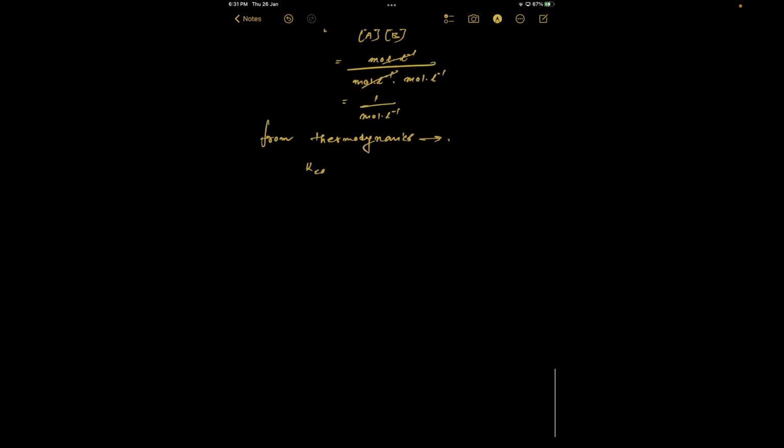But this should not be true, because we know from thermodynamics that any equilibrium constant can be written as exponential of minus delta G0 divided by RT, right? Delta G0 is the free energy change.